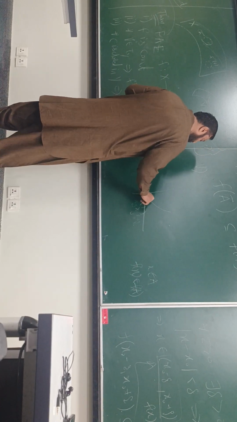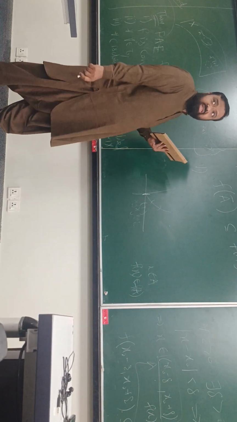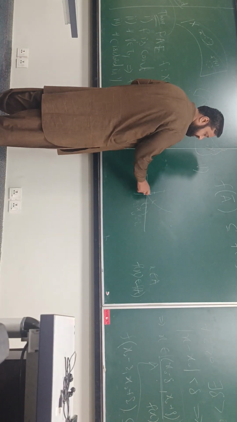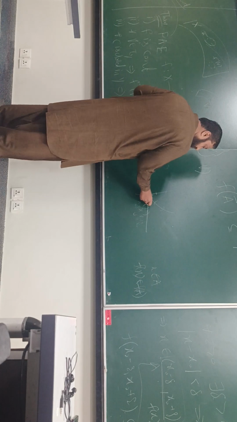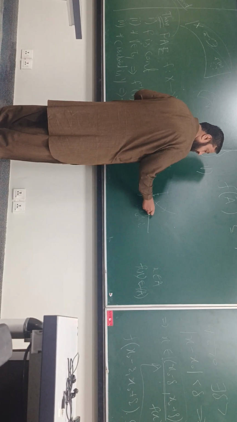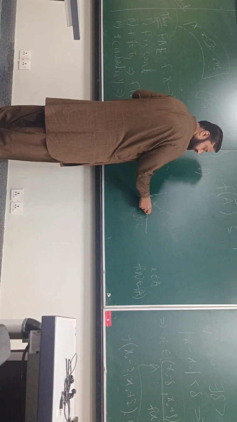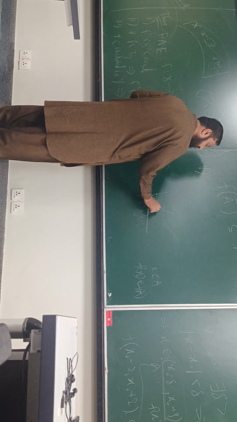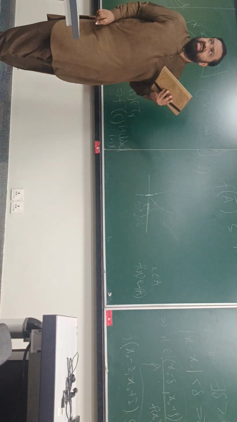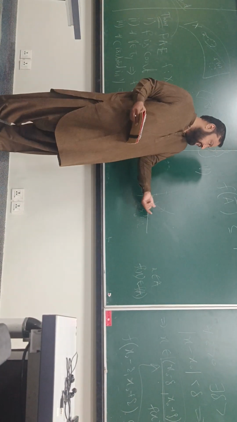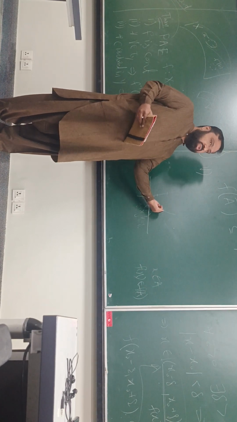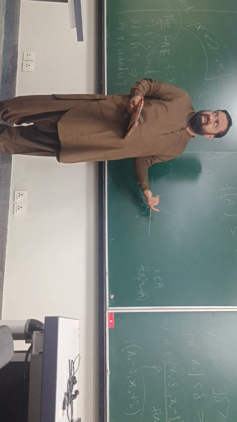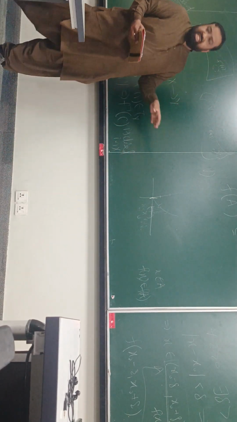For this neighborhood, I can find an interval here, such that if you look at the outputs of these points, all of the outputs are going to fall within this interval. So in other words, near points are mapped onto near points. The nearness is preserved. In other words, this is like a local definition.